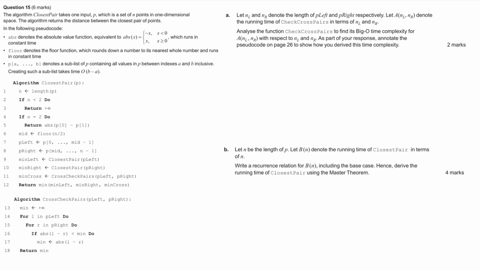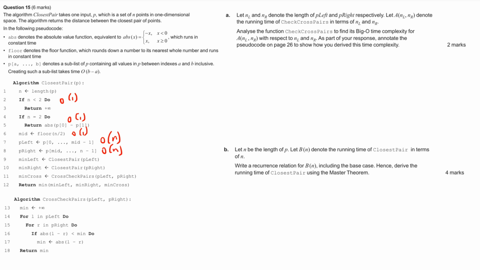And reading ahead, we can see that N is the length of P, so it sort of makes sense to use that. So we've got a constant time comparison here, another constant comparison here. That is going to be constant. However, this one where we are assigning a bunch of things to an array P left is going to be, I mean, it's n divided by 2, but we say that's big O of n.